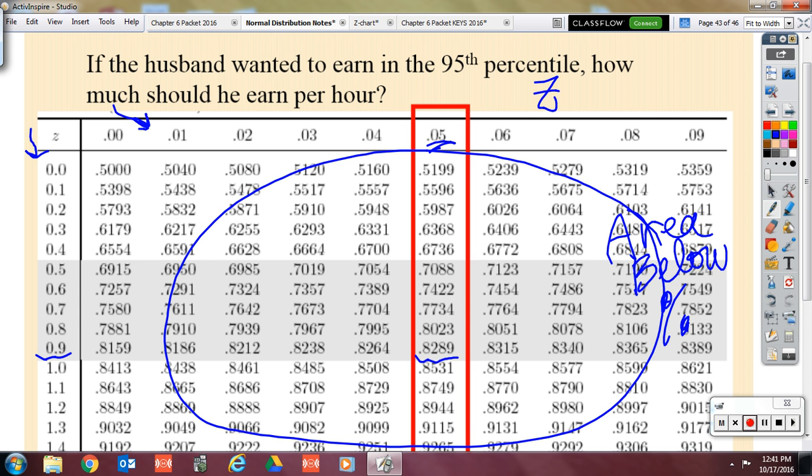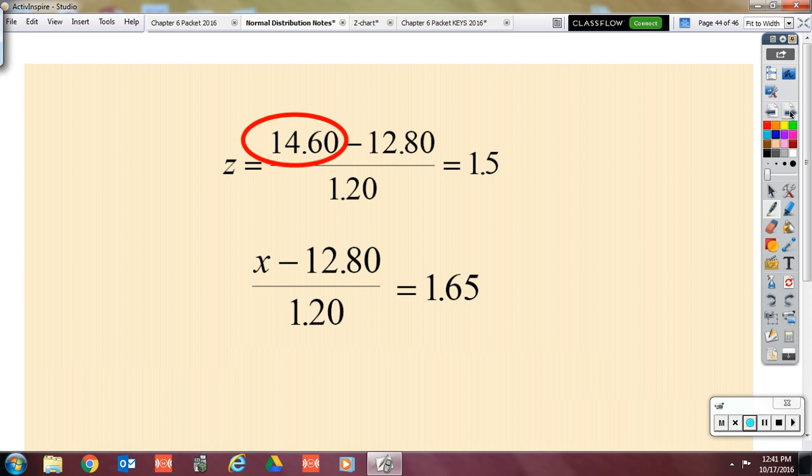So his z-score needs to be 1.65 in order to be in that 95th percentile. So then we can go back and say, oh, I need his z-score to be 1.65. So let's find what his salary needs to be. And so that's finding that salary.